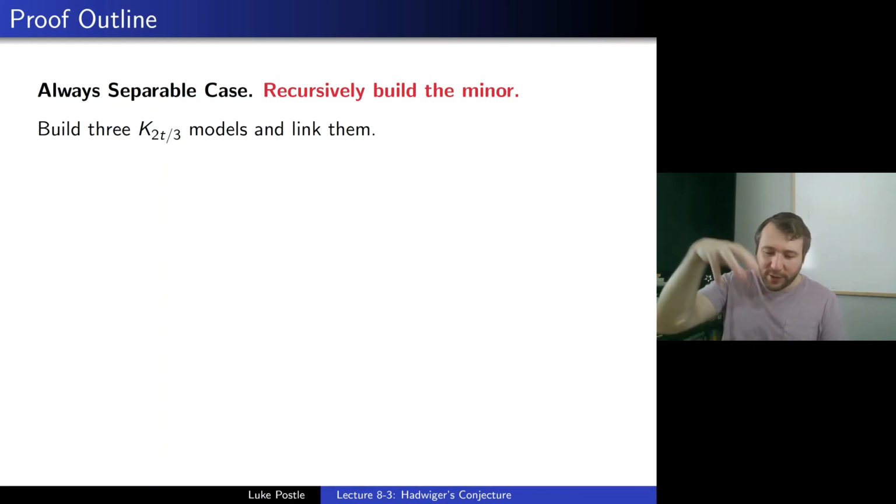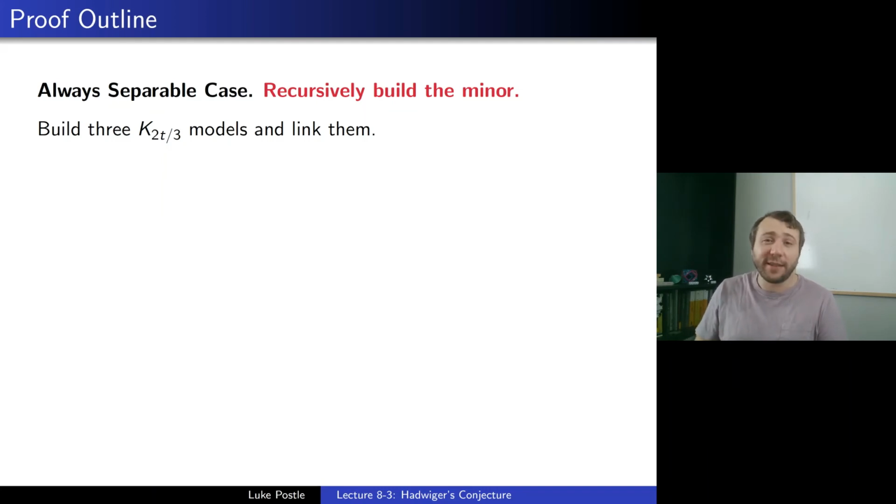So I build downward recursively until we can just find small minors on the leaves. I won't get into that, and you can watch my talk on this, which goes through more of this detail, or read the paper. But one way is recursive.